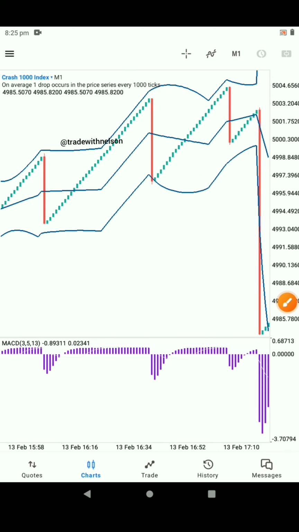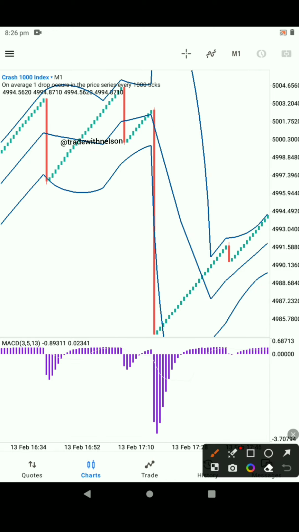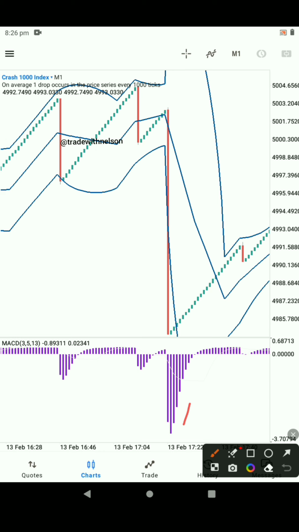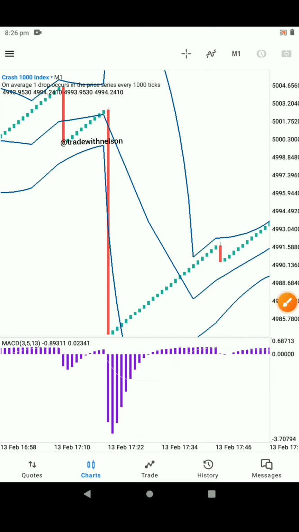Immediately after this spike happens, we wait for a decrease in the line that you see over here. Then as soon as we see this indicator create an up candle, we enter a buy.